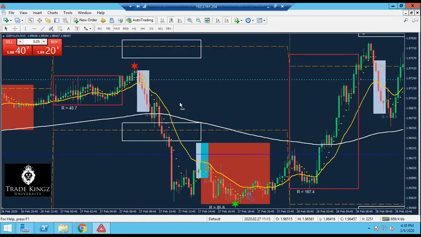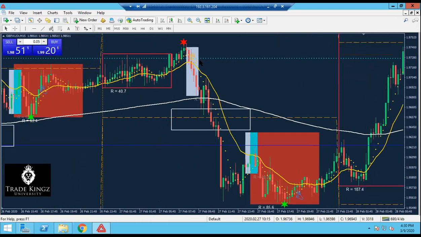Another important piece that you want to understand is anytime the 18 EMA crosses over the 200 EMA, game over. Now look at this stop hunt box here. A lot of people who know the market maker method know how important this box is, this area. But what a lot of people do is they're buying out of this area.